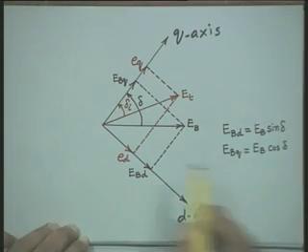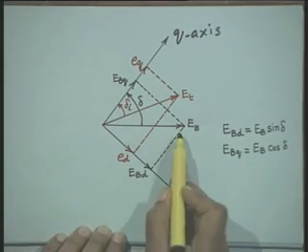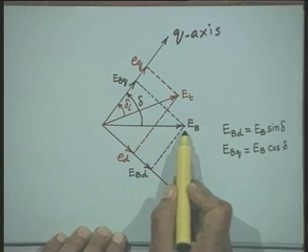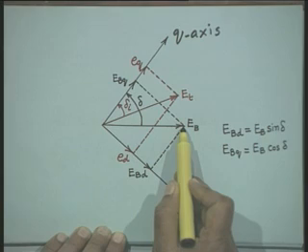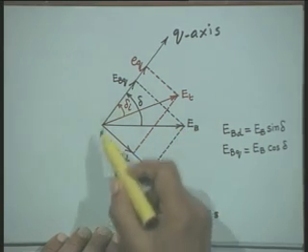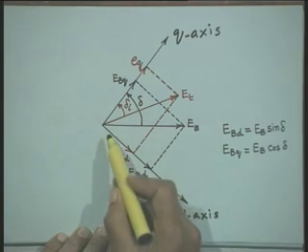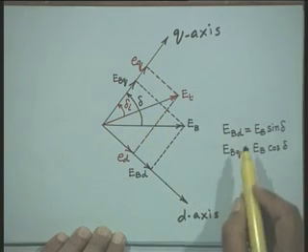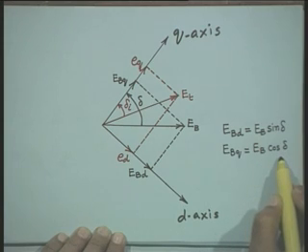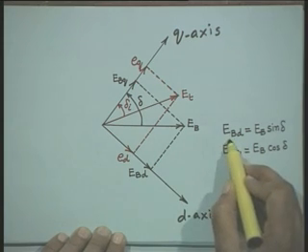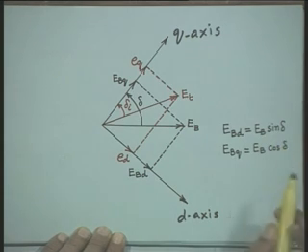Now, here you can write down the components of infinite bus voltage, that is, if you resolve this infinite bus voltage E B into two components, one along q axis, another along d axis, then the component along q axis is E B q, which is going to be E B cos delta. Component along d axis will be E B d equal to E B sin delta.